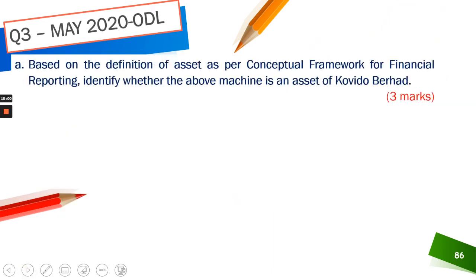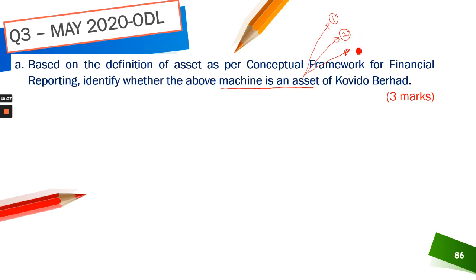Based on the definition of asset as per conceptual framework, identify whether the above machine is an asset. If you recall the summary diagram that I shared with you, to know whether it is an asset or not, you need to make sure that three important elements are fulfilled. The first one is that there should be a present economic resource controlled by the entity. The second one is that there should be a past event.